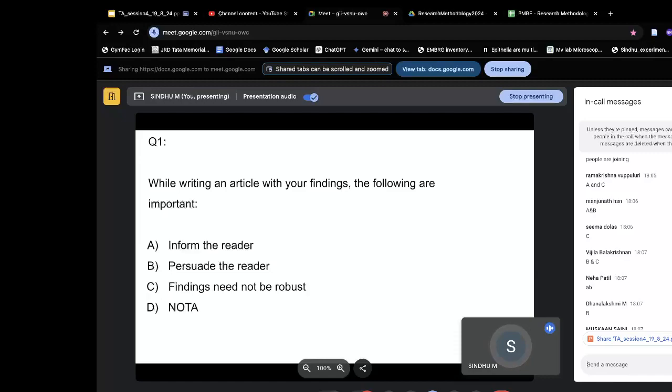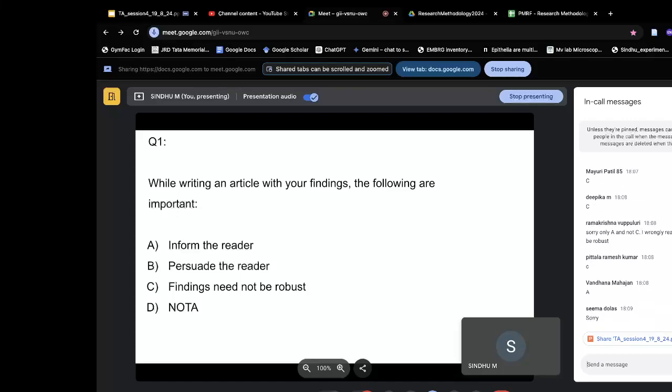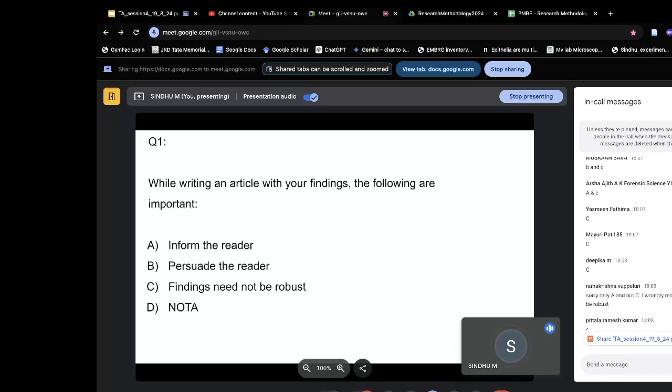Whenever we are giving our results to a paper, the results have to be robust. That is, we have to repeat the experiment many times and make sure that we are getting the same result many times. It should not be a one time thing, it has to be robust. So, option C is not correct.